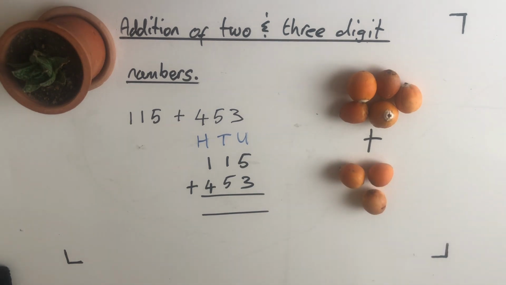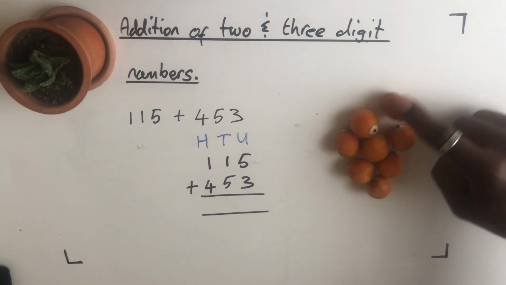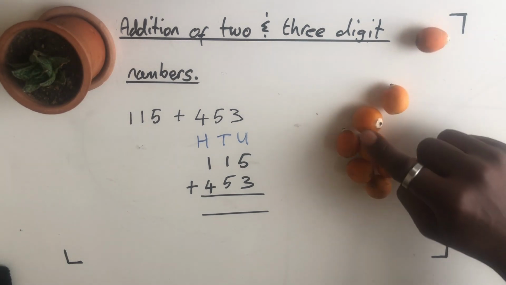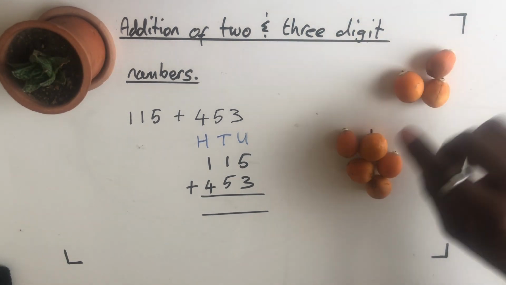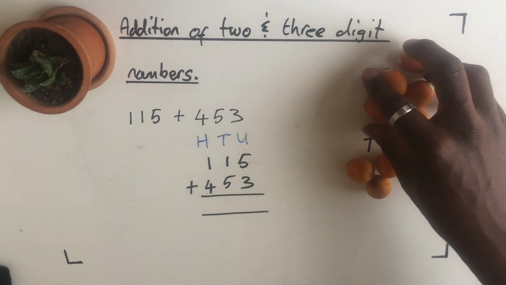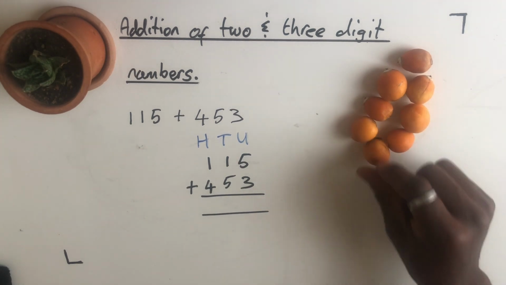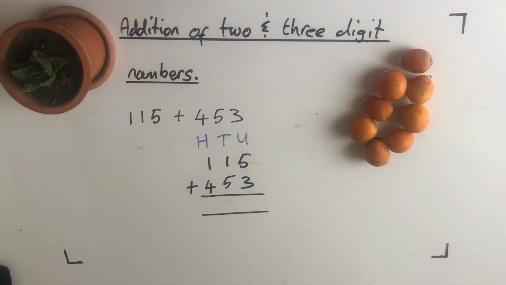If I put these together, that becomes what? That becomes 1, 2, 3, 4, 5, 6, 7, 8. Okay, so we have 8 units in our answer.